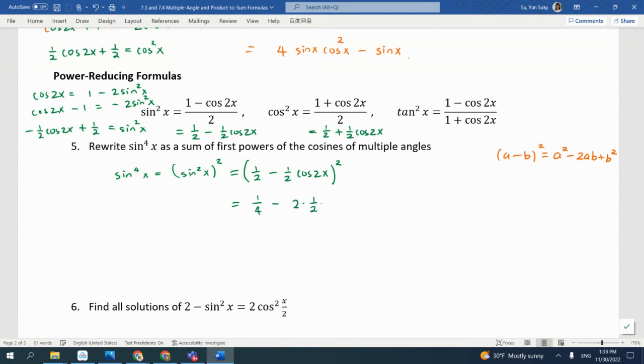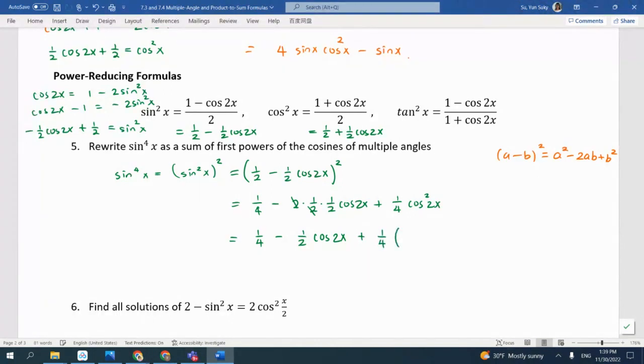Minus 2ab plus b squared. 1/2 squared is 1/4. And then we have the cosine 2x squared. Yes, everybody? And then, do you see this 2 and this 2 cancel? So we have 1/4 minus 1/2 cosine 2x.